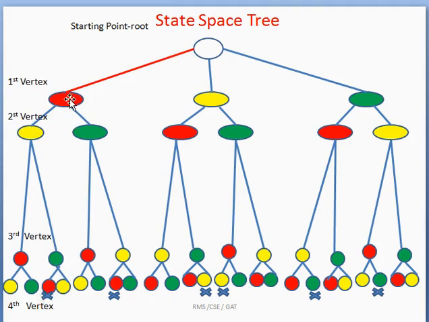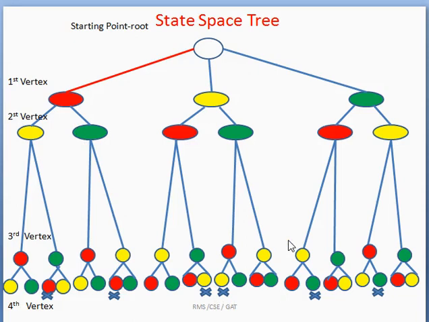Node 1 is red, node 2 adjacent to that I have used yellow, the third node is adjacent to yellow, so I have used green here. Now the fourth node is adjacent to the third and first node, and here we have used the same red color, so this is not possible. Similarly, red, green, yellow, red is not possible. Like this I will get some 6 cases which are not colored properly. So we can check this again here.